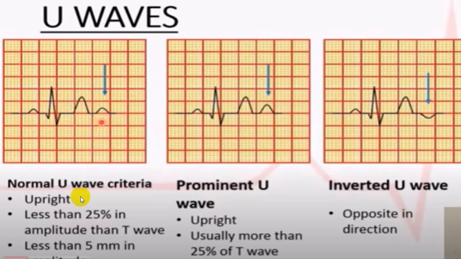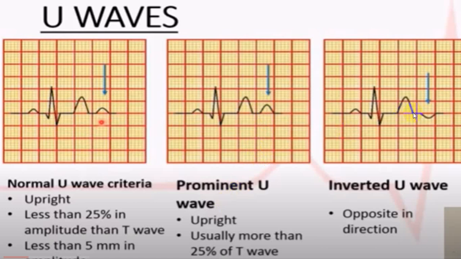Normal U wave, as we already mentioned, is less than 2 millimeter in height or less than 25% of the T wave amplitude. A prominent or tall U wave is more than 25% of the T wave, or more than 2 millimeter in height, and you should consider it a prominent U wave.